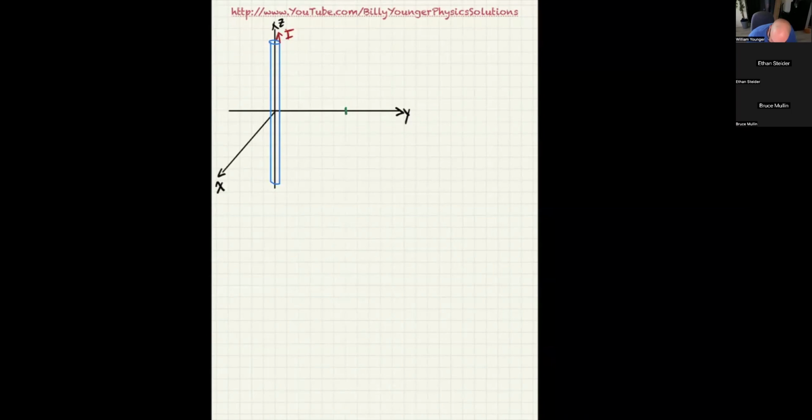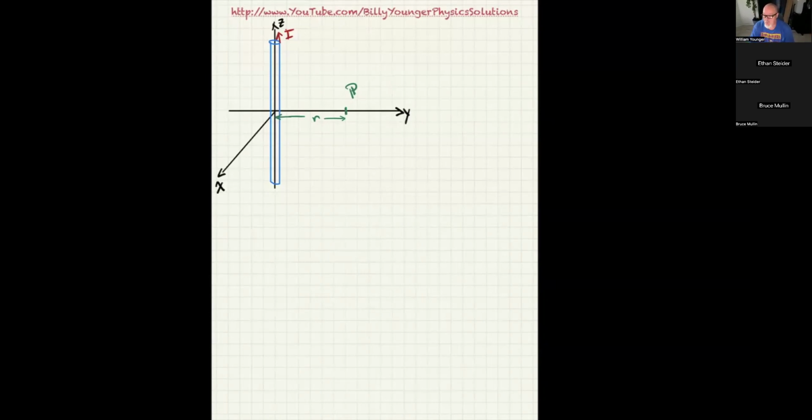I'm going to say this is the point P at which we wish to know the magnetic field. And I'm going to say the distance from here to here is R. The reason I'm doing that is by symmetry, I could rotate this coordinate system by any angle, and the P spot would no longer be on the y-axis.